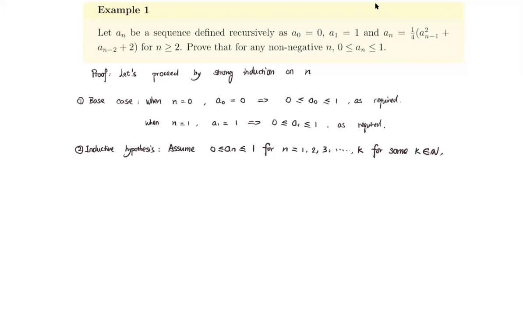Despite that it has to be a natural number, is there any other restriction? Should start from 0. Okay. k is greater than or equal to 2. Why is that?